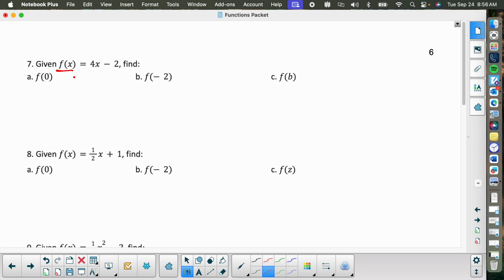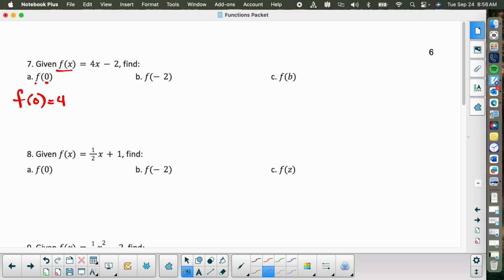That's what a function is. So right here, f of 0 is telling us to put 0 in place of x. On the previous page, it just said x equals 0. This one, if you read f of 0, that's a specific way of saying use function f, put in the number 0 for x.